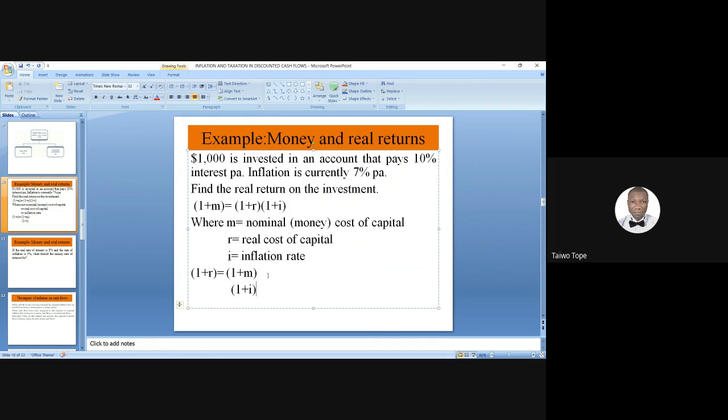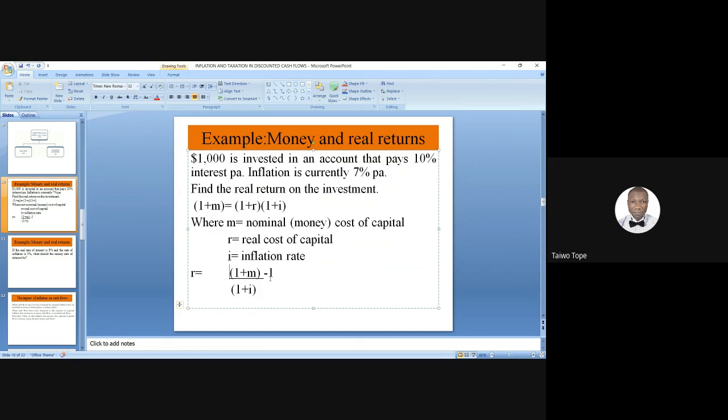Because you're trying to determine the real cost of capital, not the money cost of capital now. So when you do this, 1 will cross to the other side, and you have it as minus 1. So you just have only your R here. So you can use this to determine your real cost of capital or your real return on investment.